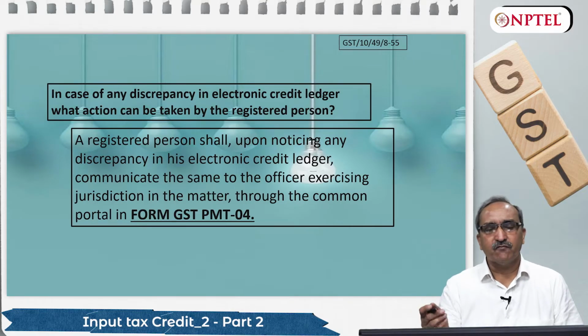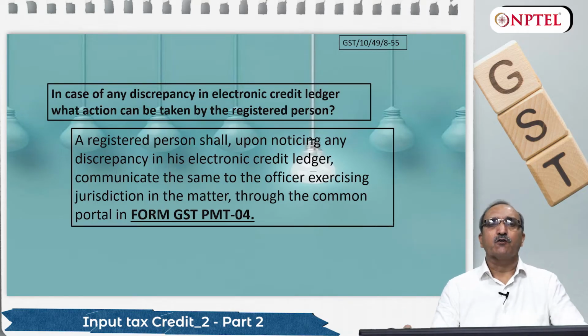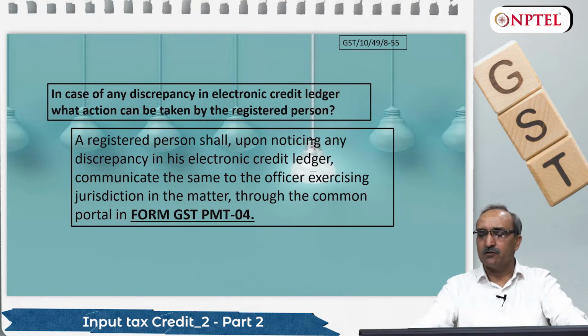GST came on 1st July 2017 and people were not aware of the GST concept, because it was altogether a different story of indirect taxes. So people failed to map the transaction as per the GST law. They made so many mistakes, and mistakes happen in the electronic credit ledger also.